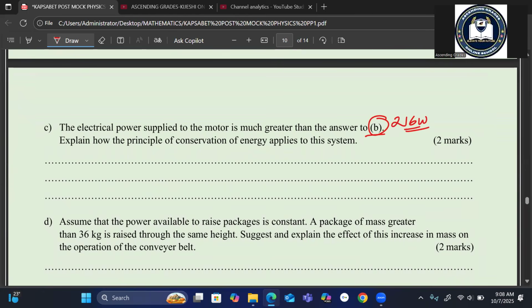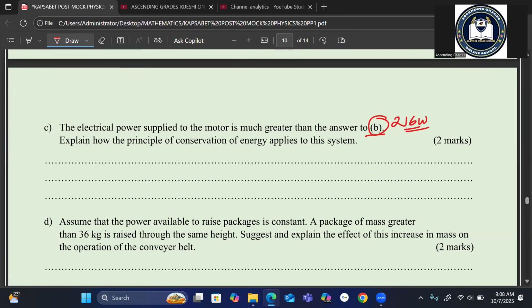Then we are told the electrical supply to the motor is much greater than the answer in our B above. Explain how the principle of conservation of energy applies to this system. In this case, the extra energy supply does not go into waste, but it goes into overcoming inefficiencies like friction and losses.